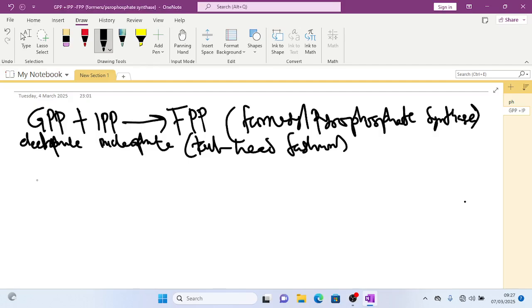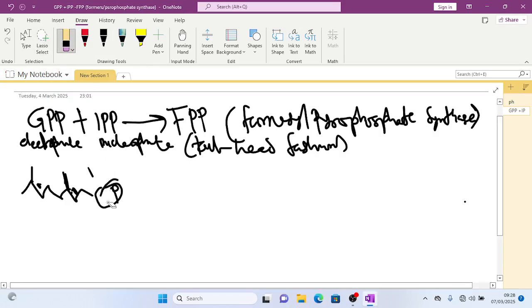Right, let's look at the structure of the newly formed geranyl pyrophosphate that we got. These are geranyl pyrophosphates. Of course, for it to be regarded as an electrophile, the pyrophosphate group in GPP must have been lost to generate a positive charge.